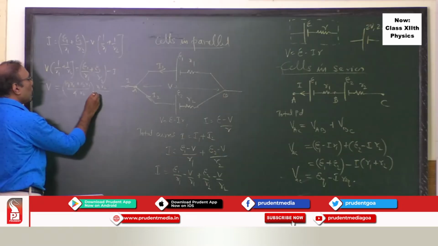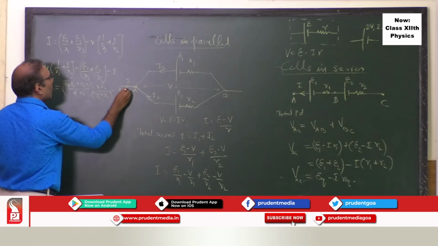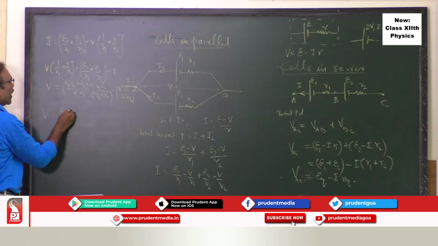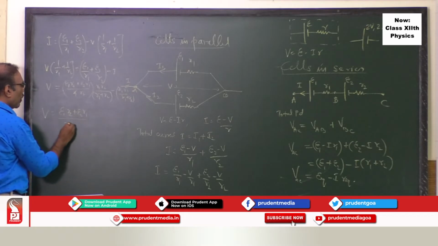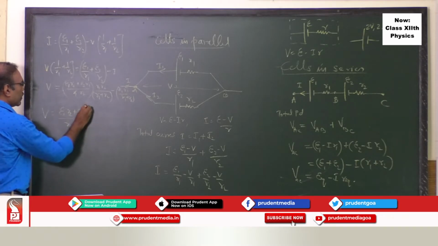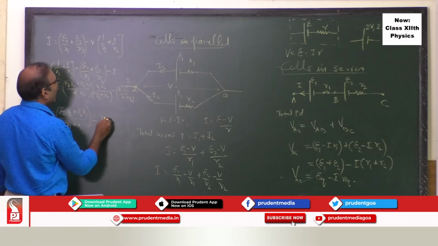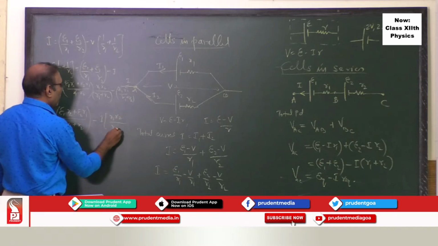So, R1 R2 will go up. This will be (R1 plus R2) minus... R1 R2 upon R1 plus R2. So, we can get (E1 R2 plus E2 R1) upon R1 plus R2, and you will get minus I into R1 R2 upon R1 plus R2.